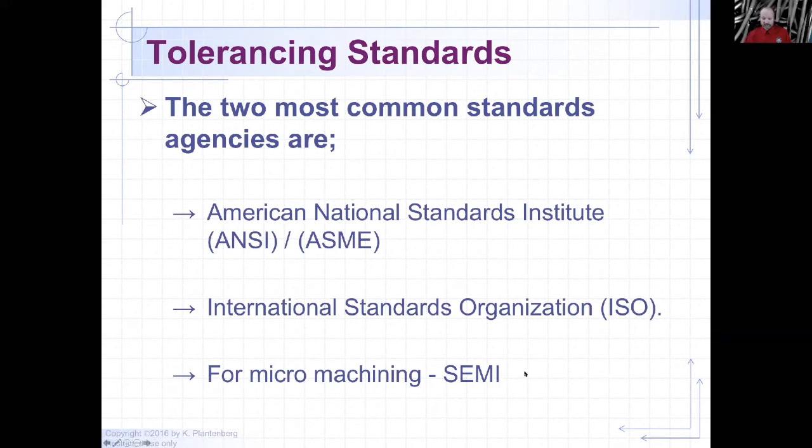So SEMI standards, which is Semiconductor Equipment Manufacturing International. So those are some of the more common standards institutes. And then if you get into some really, like space applications or high performance engines, they'll have another set of standards that you need to follow.